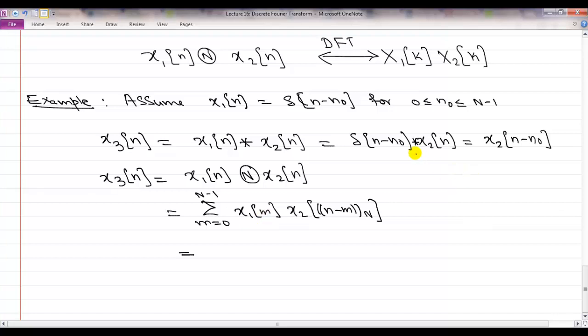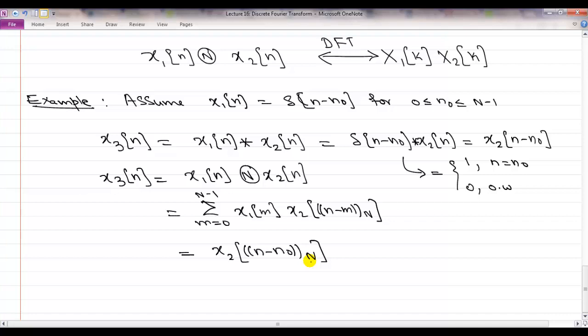That's the definition of this direct delta: it is equal to 1 for n equal to n naught and 0 otherwise. So all these summation terms will be 0 except at m equal to n naught, and at m equal to n naught it will be x2 of n minus n naught mod N.